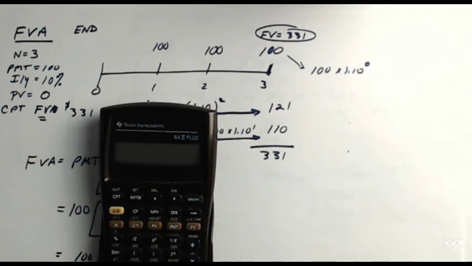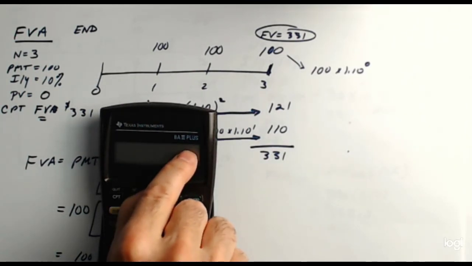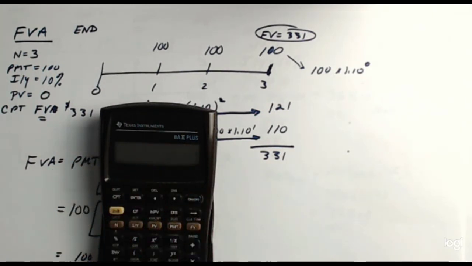Because what will happen is you'll forget to clear your calculator, you'll leave it in beginning mode, you'll start working on an ending annuity, and you'll get the wrong answer. You'll be off by a few dollars. So that's my word of advice. Just make sure when you're doing multiple problems, you've got the right letters up there so you know you're in the right mode, beginning or ending.